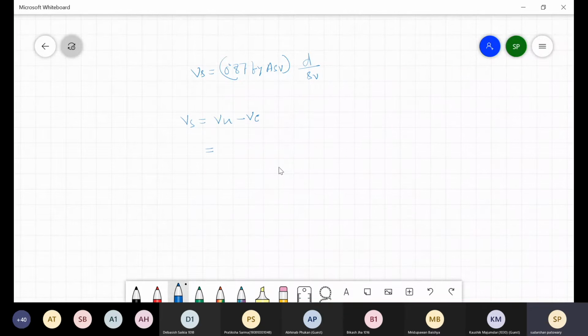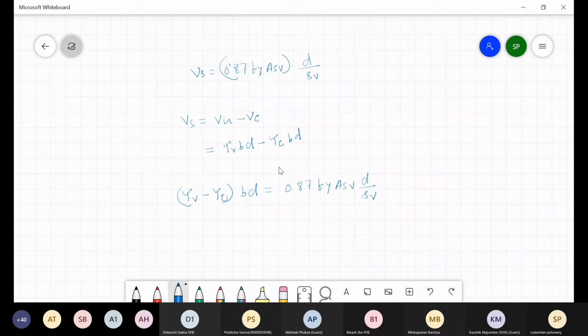Vu minus Vc means tau V bd minus tau C bd. So we can write, tau V minus tau C into bd is equal to 0.87 fy Asv d by sv.